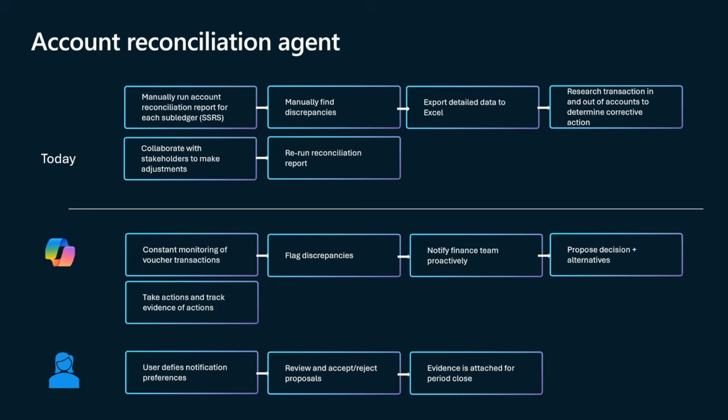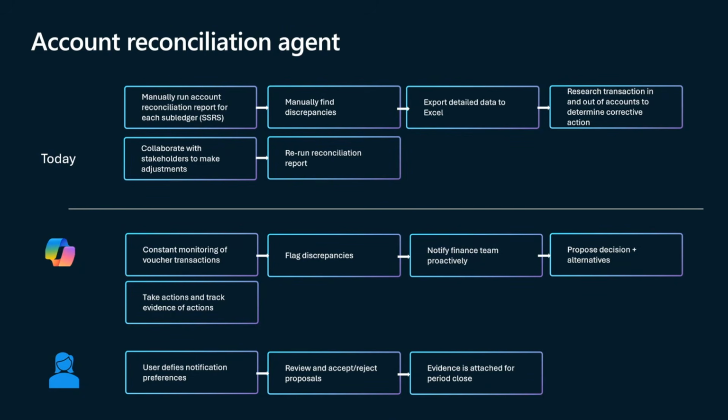We all acknowledge that in the ideal world, there should be no difference, because in the system you can flag main accounts to not be posted manually, and then we always have the same posting left and right. But there are a lot of cases where this flag is not properly configured, or there is a reason why it cannot be configured. So these exceptions are happening. This research is happening in Excel, and they collaborate with stakeholders to make adjustments. Then after it's done, we need to rerun these reconciliation reports. So it's a very lengthy process.